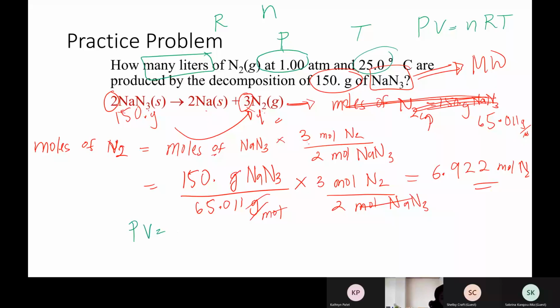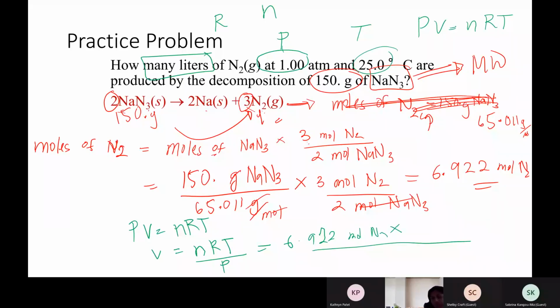So V equals nRT divided by P. You can plug all these numbers: moles of N2, and now you can use the 0.08 ideal gas constant with the atm value.